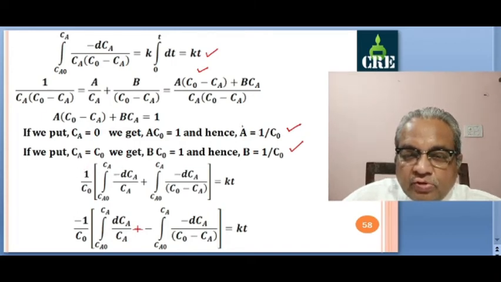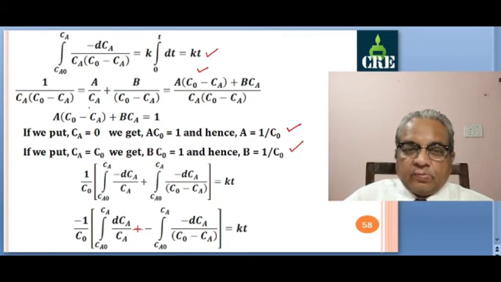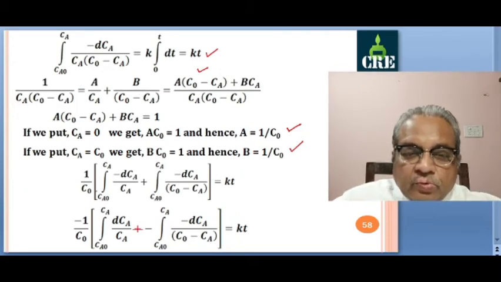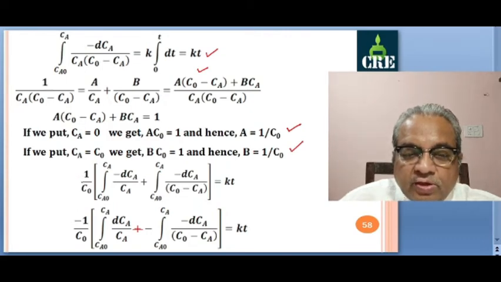So 1 upon C0 I have taken outside the bracket. It is associated with both terms A and B. So minus dCA by CA plus minus dCA by C0 minus CA. If I integrate these separated variables, it is equal to Kt, as we know. Now what I am trying to do is take the minus sign outside, so it becomes dCA by CA.